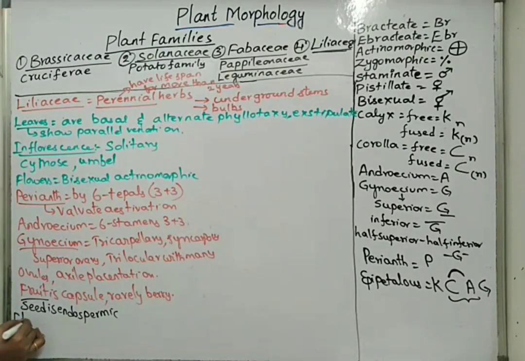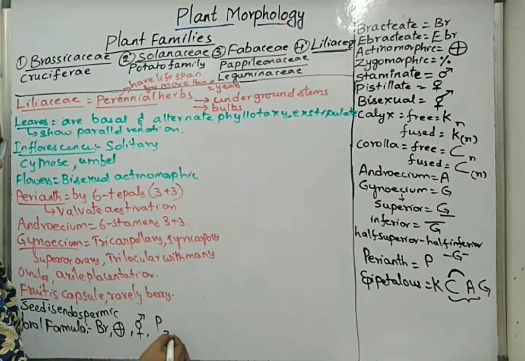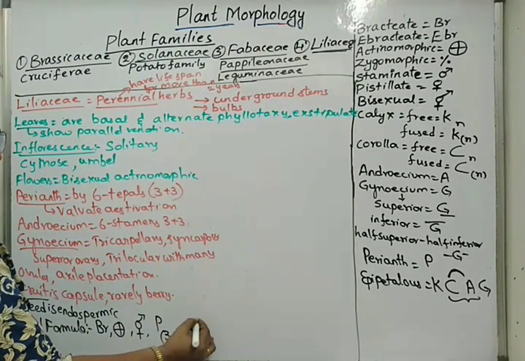Next, coming to floral formula. We have said that these are having bracts, actinomorphic, bisexual, and the perianth has a 3+3 arrangement of tepals.